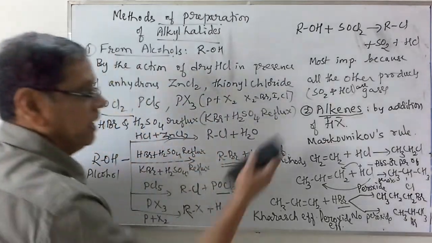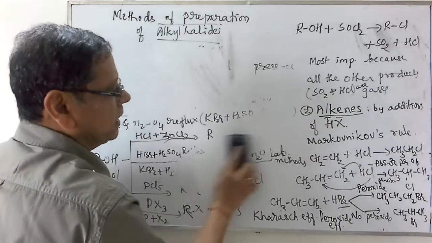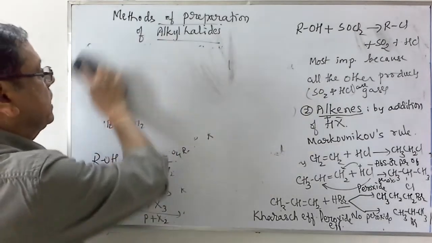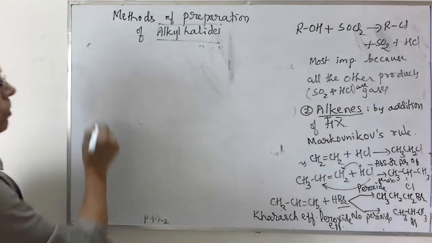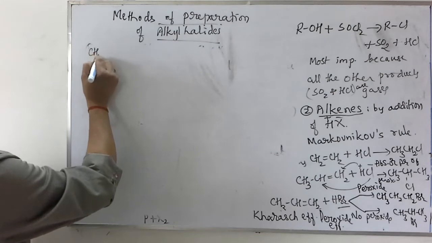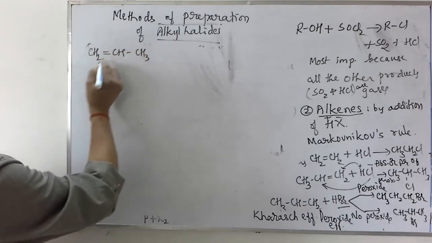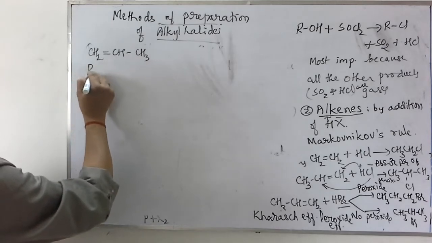In case of the same alkenes, we can carry out the allylic halogenation. Remember, when you consider this allyl chloride, CH2 double bond CH, CH3, this is actually propene.